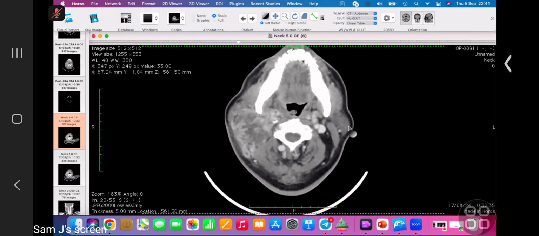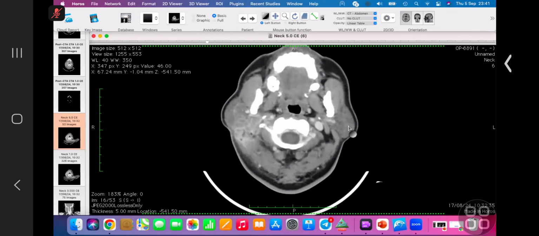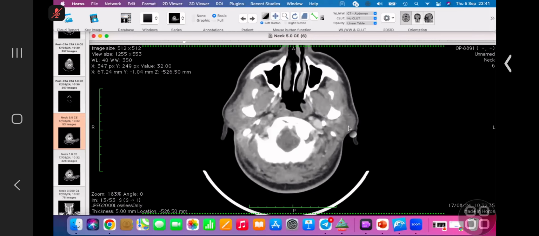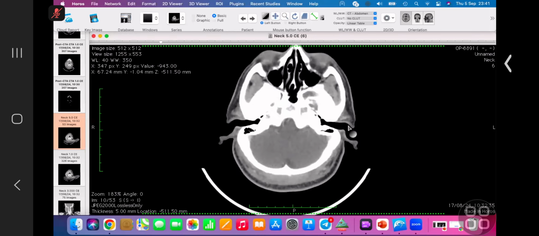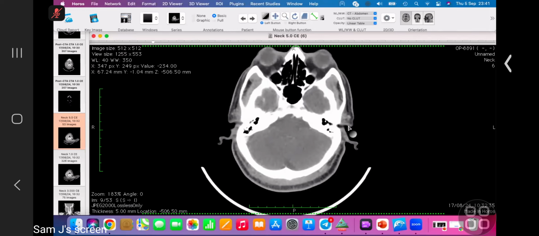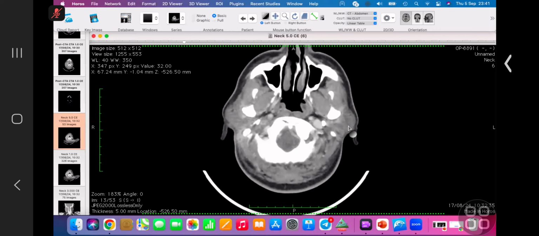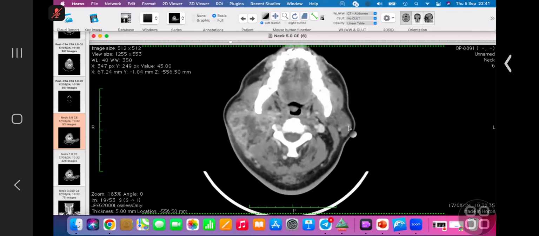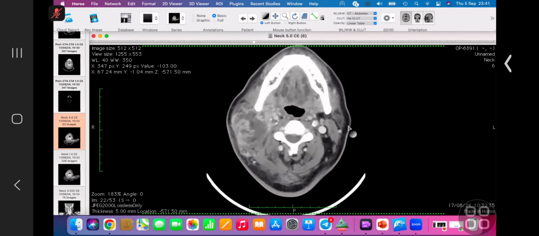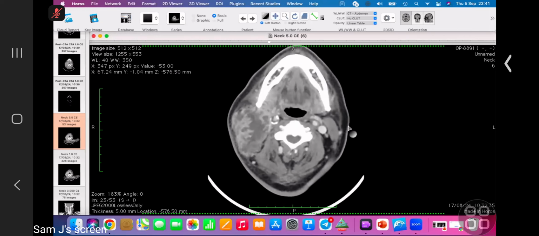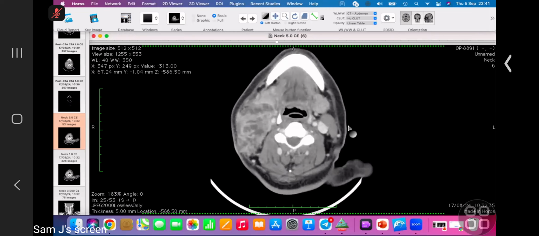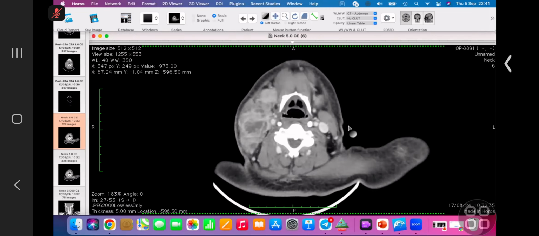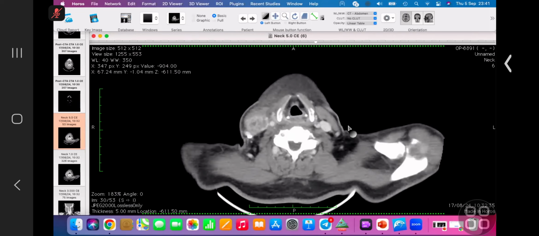I can also see stranding of the surrounding fat planes and edema of the overlying skin. I'm trying to locate any deeper extension of this lesion within the carotid space or the deep lobe of the parotid gland. Yes, there is some extension into the deep lobe of the parotid gland, with maybe attenuation of the carotid sheath content.